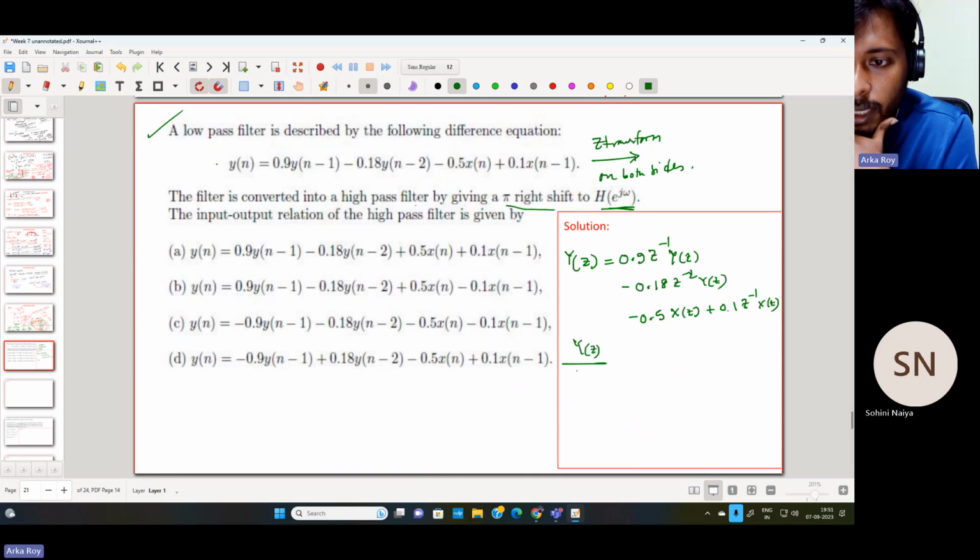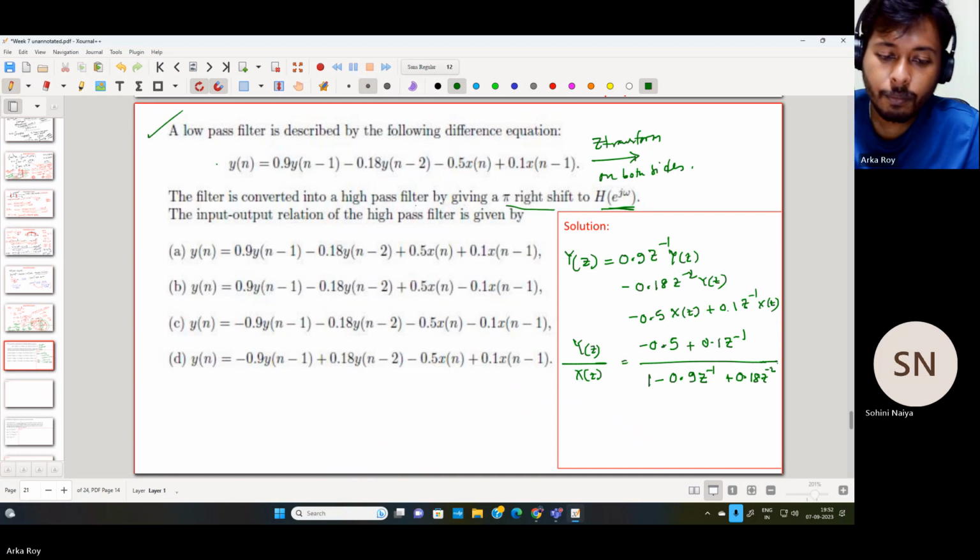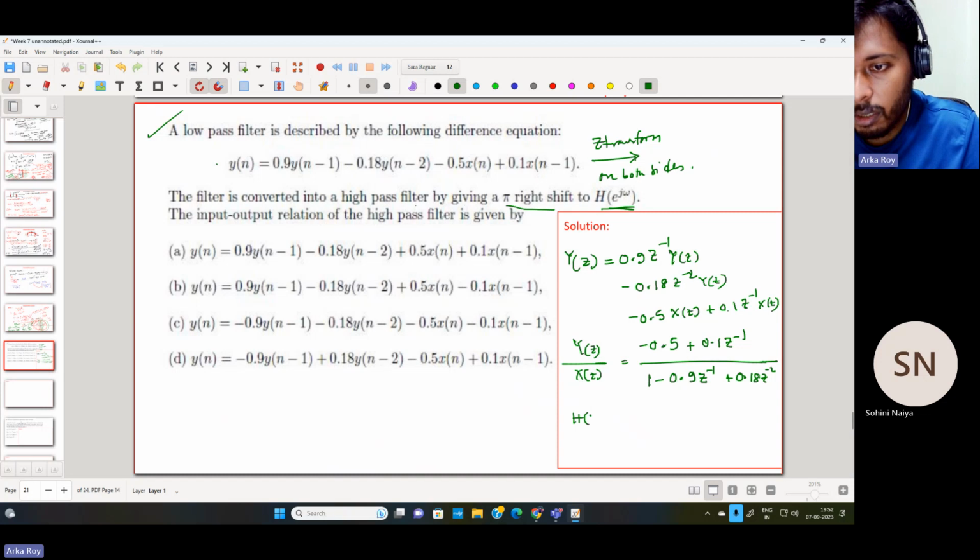So Y(z) upon X(z) will be 0.5, obviously there is a minus, and then 0.1 z^-1, and here it will be 1 minus 0.9 z^-1 and 0.18 z^-2. So this will give me H(z).